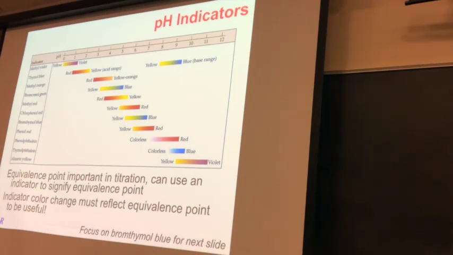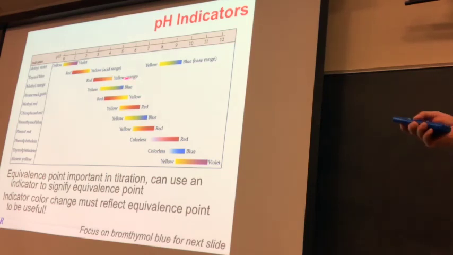Now you have to pick the right indicator for the right transition you have. So for example, let's say that someone was mean to me and they put in that green thing, bromothymol green. I'm not an English major. Anyway, let's say they added that instead. The solution would be yellow, yellow, yellow, and then right about a pH of 4 or so, it would turn from yellow to blue, and I might think, oh cool, my reaction's done.